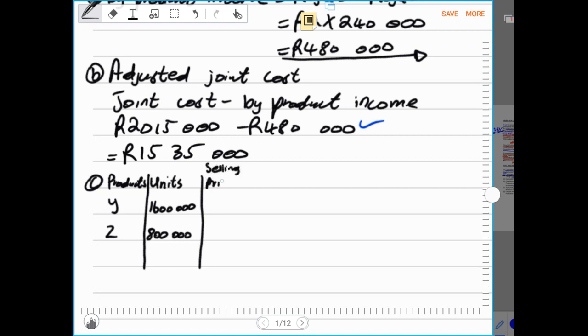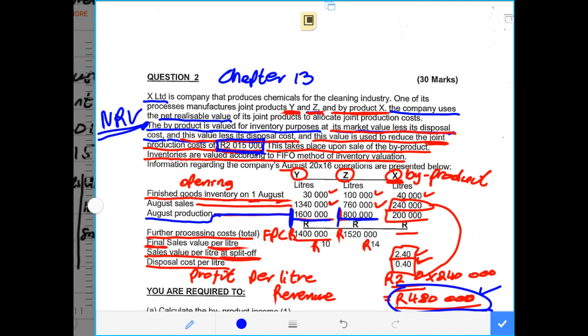And our selling price is the selling price at the end, or the final selling price in simple terms. The final selling price was already given to us, and here they said final sales value per liter. So even if there was a selling price at split off, when we use the net realizable value method to allocate our joint cost, we must take the final selling price.